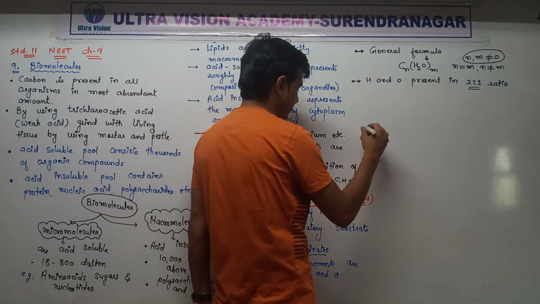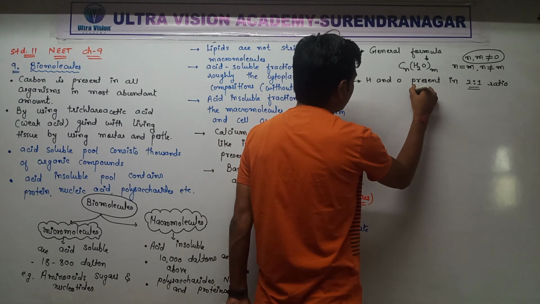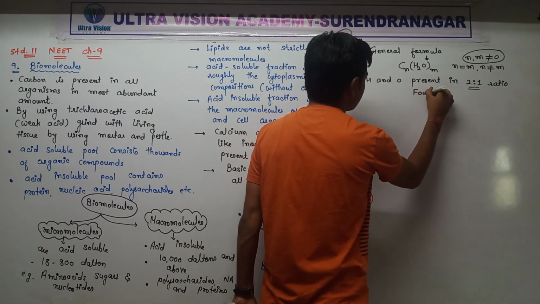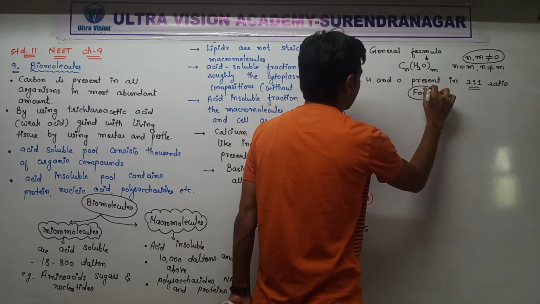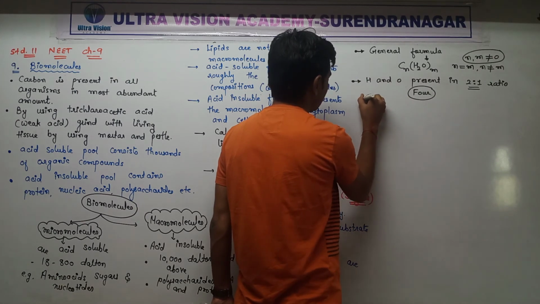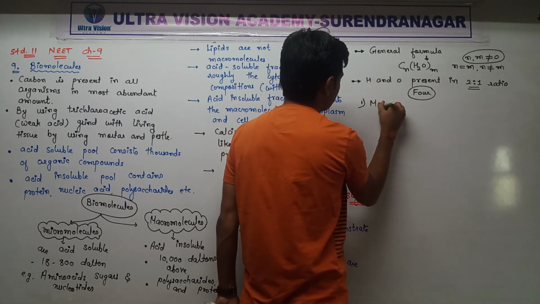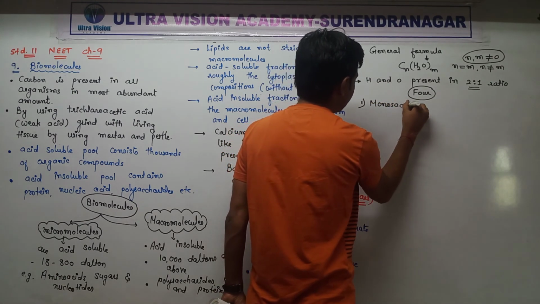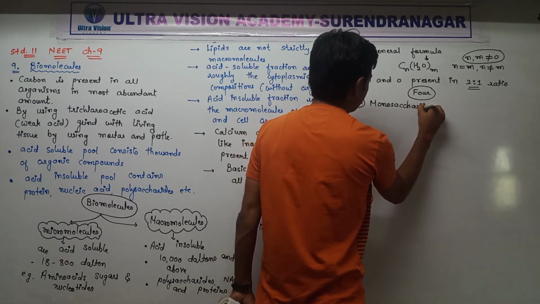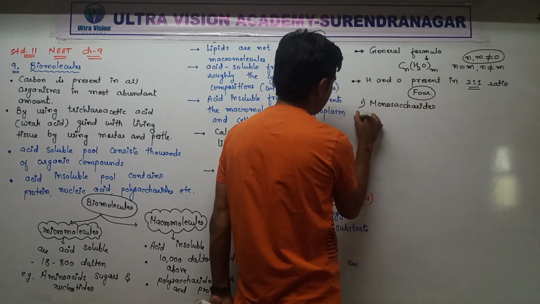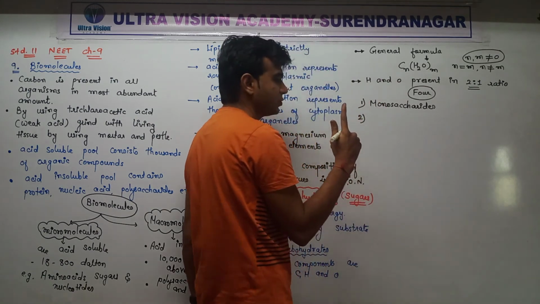So here are four types of carbohydrates. First, monosaccharide, only one basic sugar.